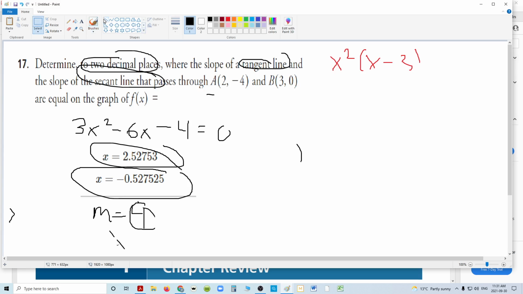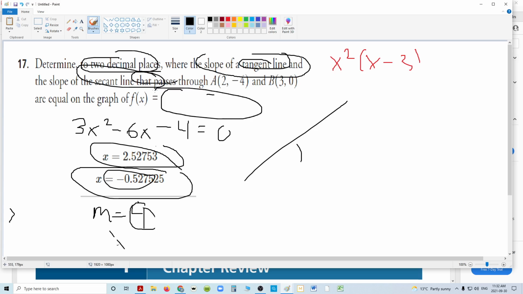Now, I just need to come up with well, actually, I could stop there because they don't ask for the formula of the tangent line. I can just tell you that at these 2 points, the rate of change for the graph that we were working on will be 4.